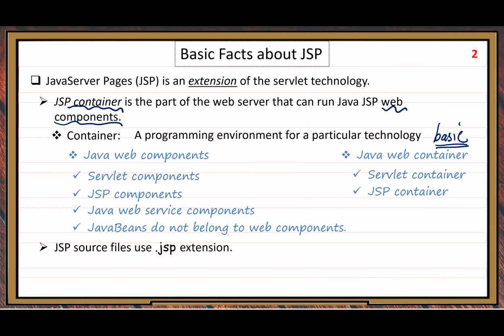If you do not use the .jsp extension, the Java server won't do the translation, the conversion and the compilation. So they use this extension to find all your JSP files and do a lot of later processing.